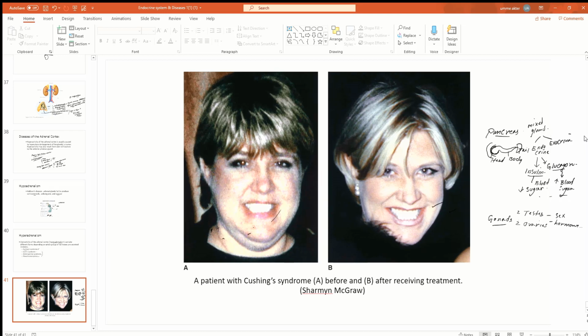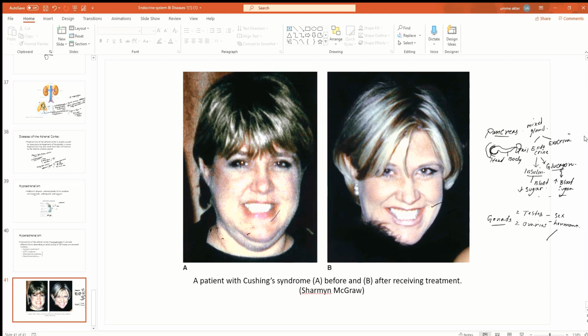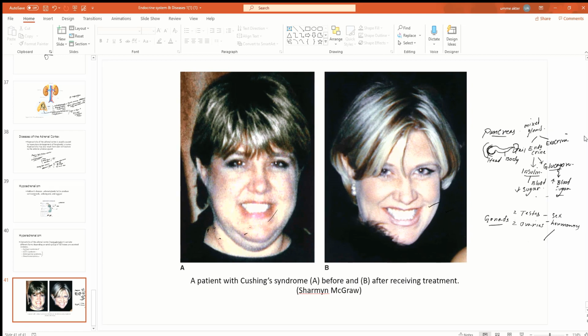Okay, and sex hormones are important. Male sex hormone testosterone, right? This is the male, and female sex hormones are estrogen and progesterone.